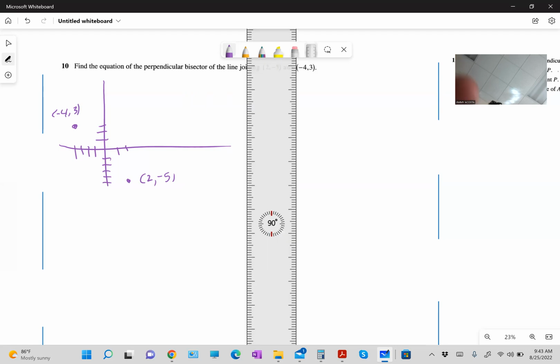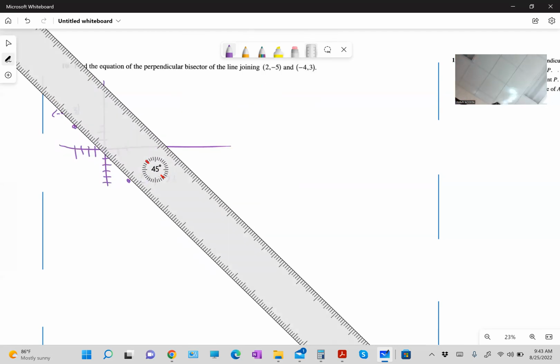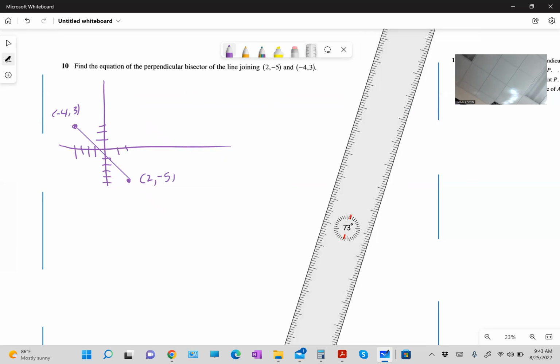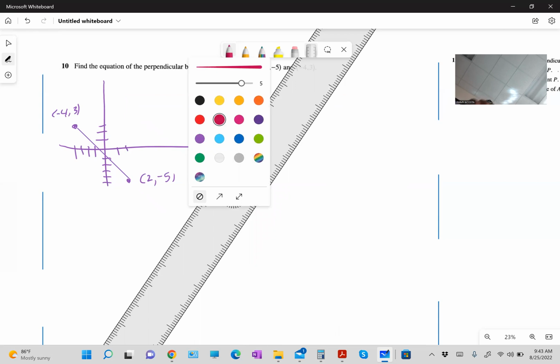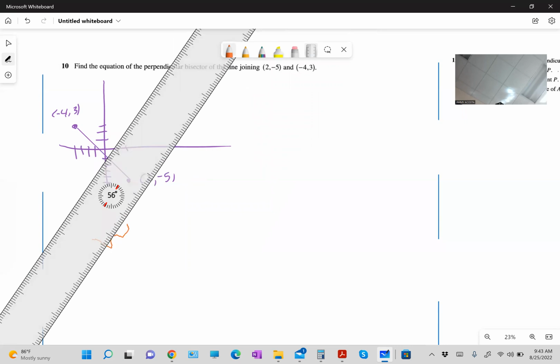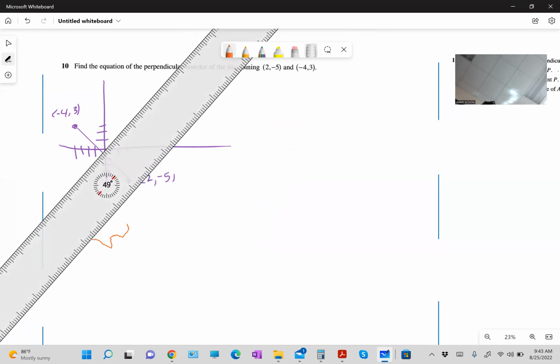And now we have this line segment. What we want to do is figure out who is in the middle here. I guess a good contrasting color would be orange. Roughly speaking, the middle is like here.